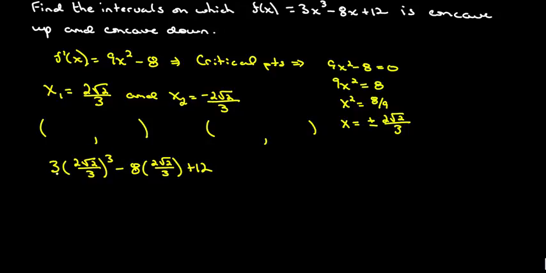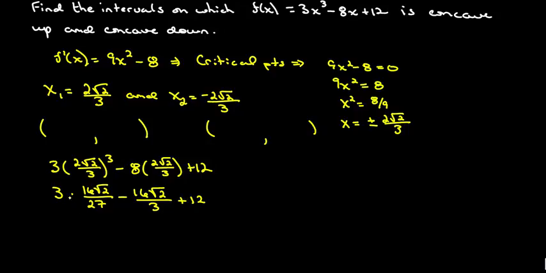So this will give me 3 times 2 times 2 times 2 is 8 times another 2 is 16. So we're going to get 16 square roots of 2 over 27 minus 16, 8 times 2 is 16, square roots of 2 over 3 plus 12.